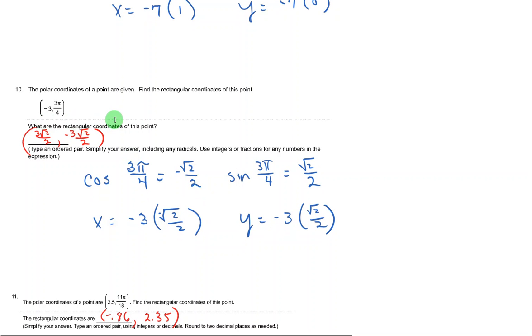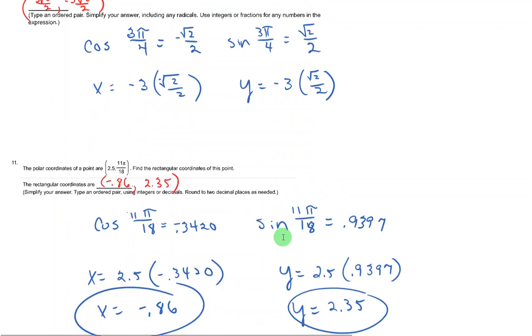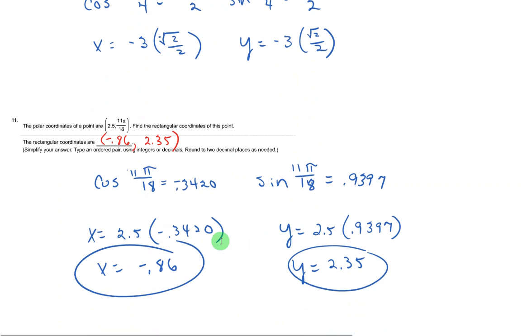Polar coordinates are given here. Cosine of 3 pi over 4 is -√2 over 2. Sine of 3 pi over 4 is +√2 over 2. The r value is -3. And so you end up with +3 square roots of 2 over 2 and -3 square roots of 2 over 2. Number 11, you've got some decimals in there.